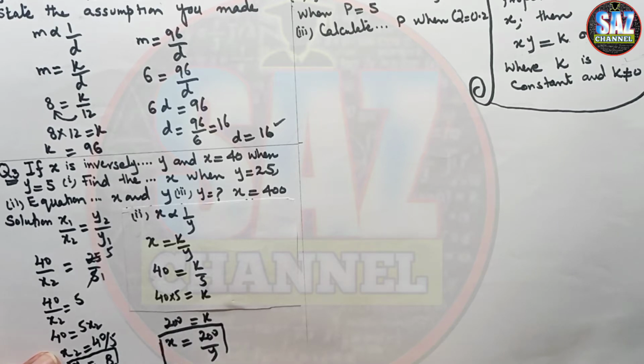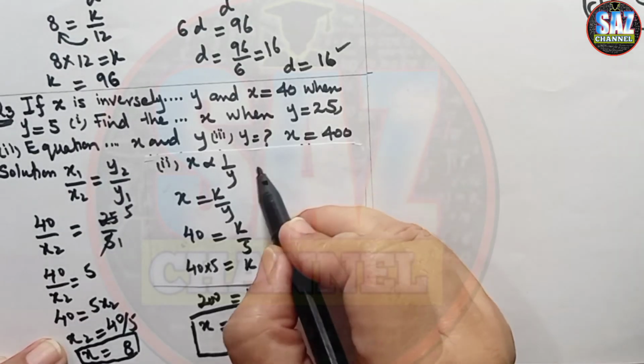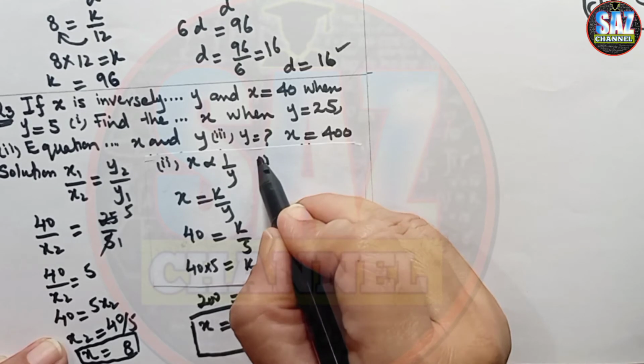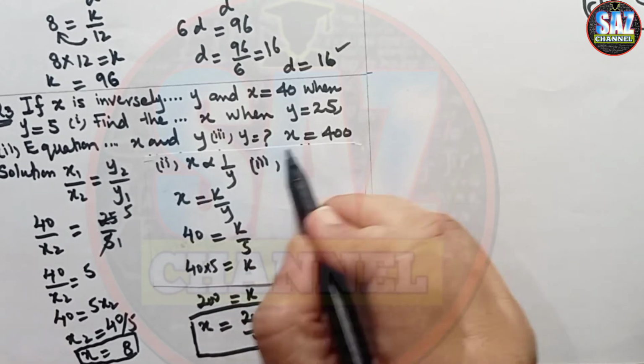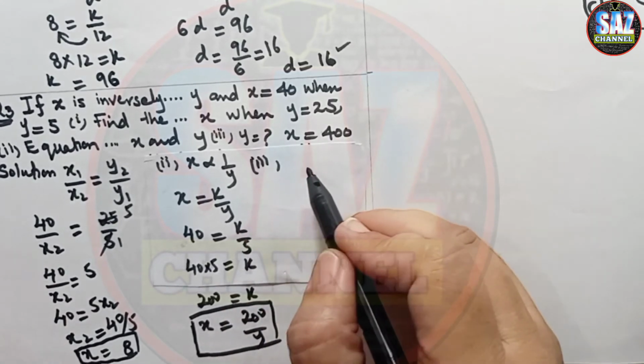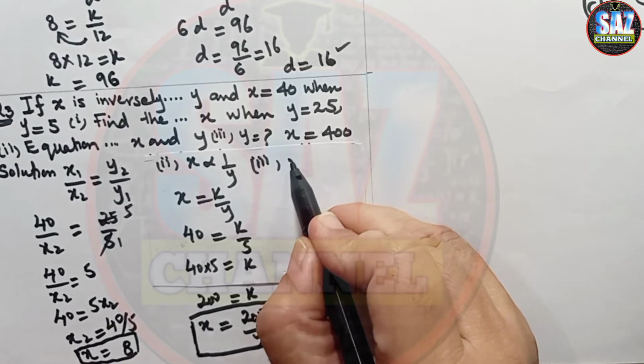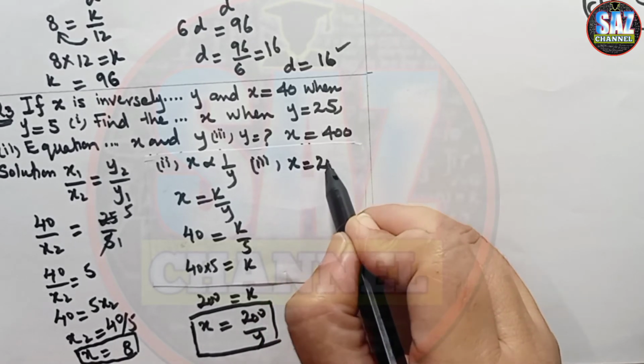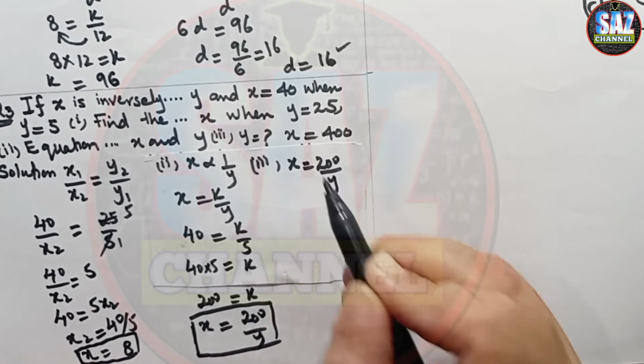Let's move to the third part of the question, where we have to find the value of y when x is 400. Again, we take the relationship x equals 200 upon y.